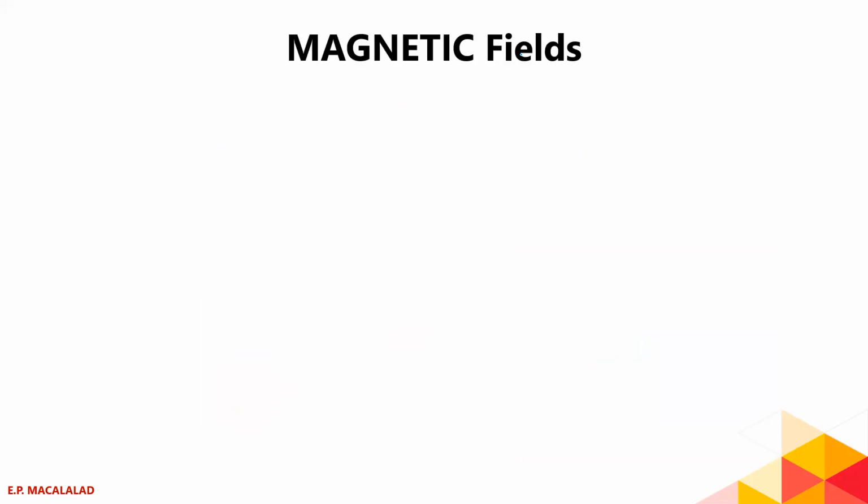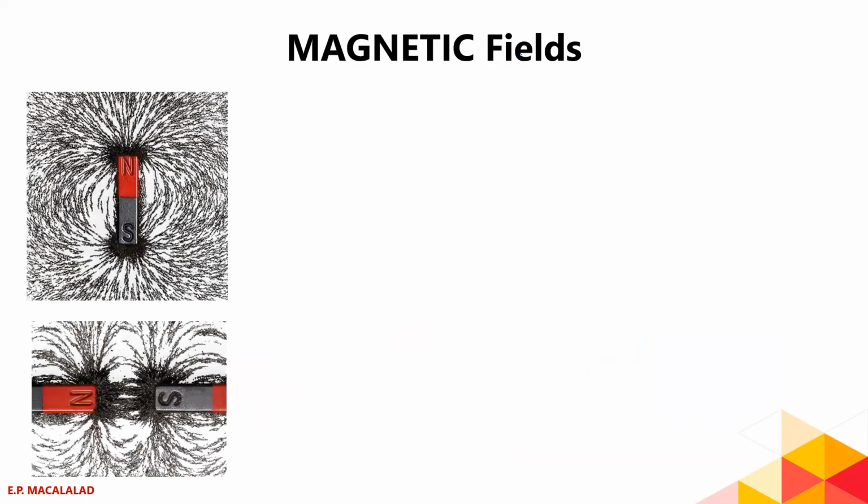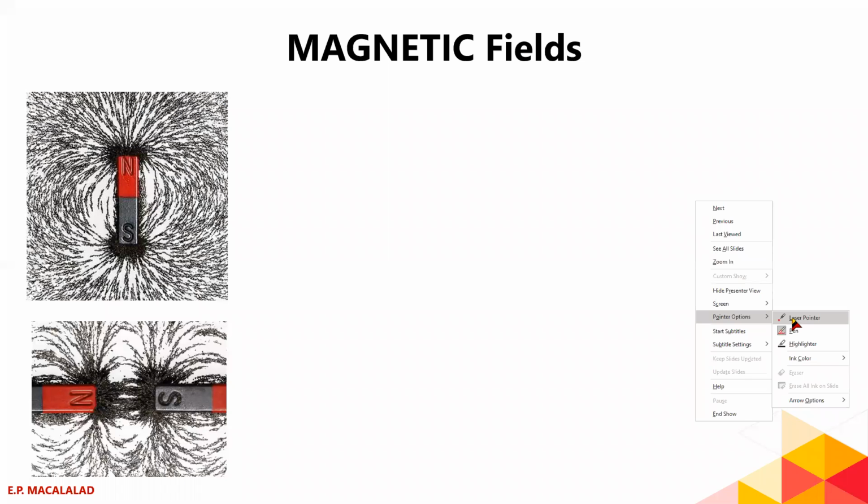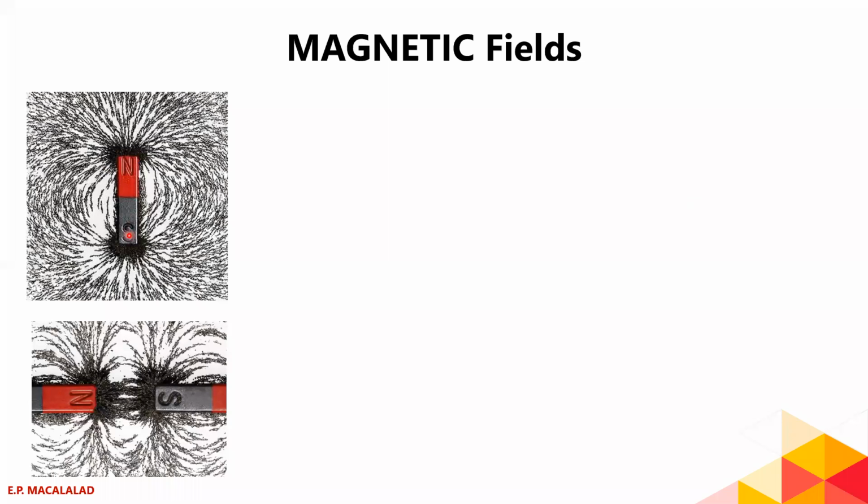We first experience magnetic fields when we're dealing with permanent magnets. During your high school or even college classes, when you sprinkle iron filings around a permanent magnet, the filings align according to the direction of the magnetic field.